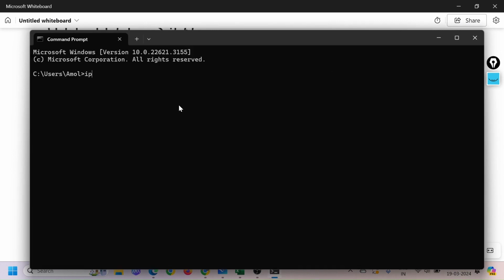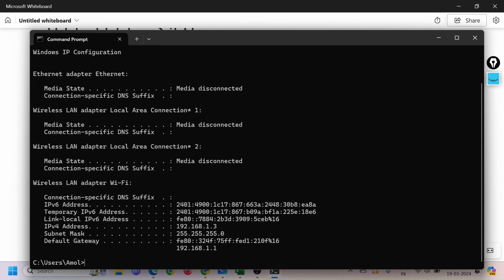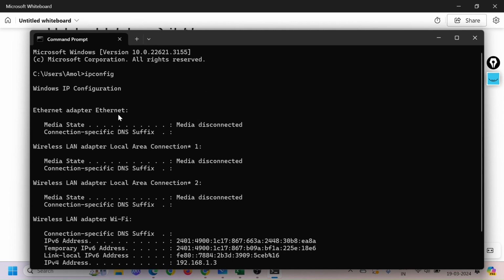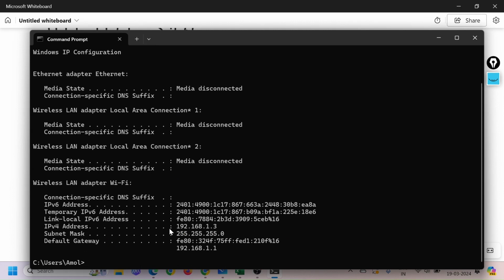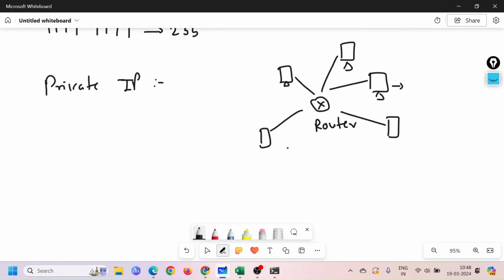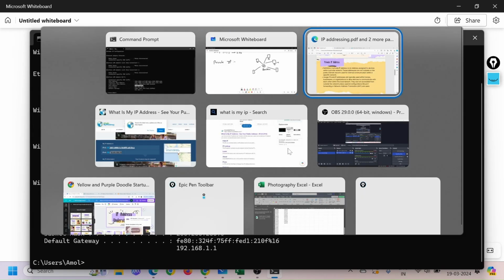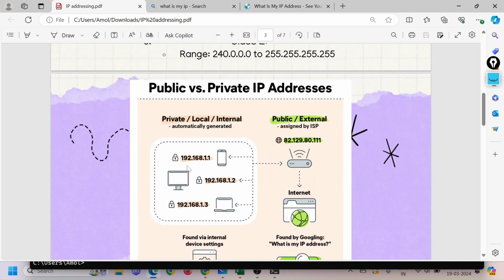and if I put the command ifconfig, here you can see this is what my IPv4 address is. For me, it is 192.168.1.3. Can you see that we have a specific range? It is the same series as in the example I was showing on the slide, the 192.168 series.